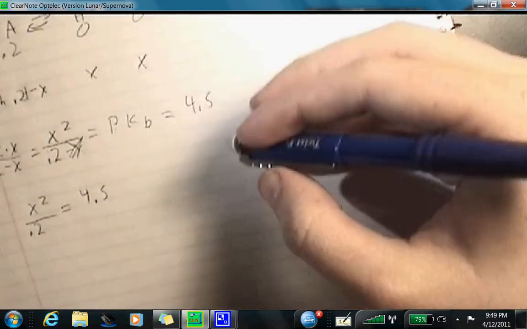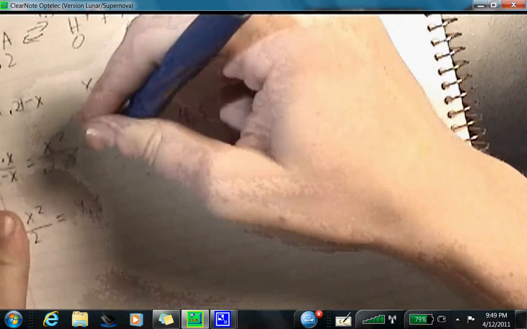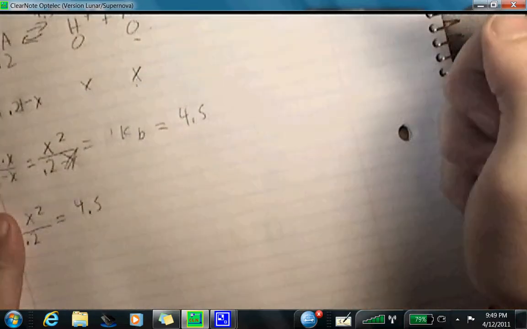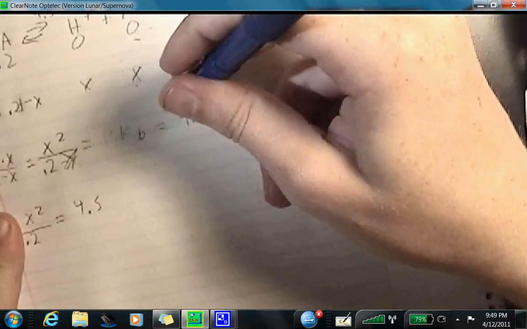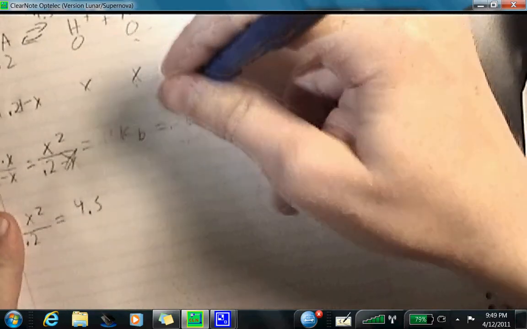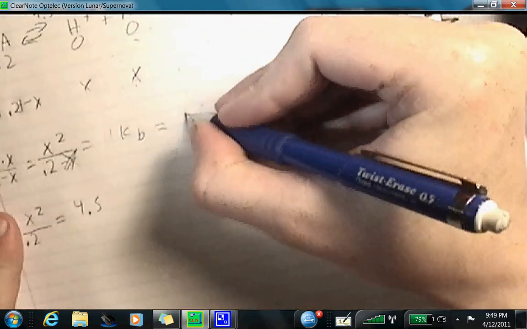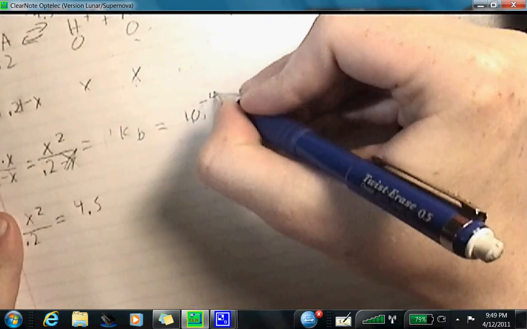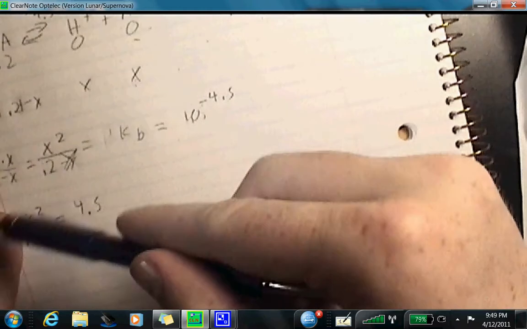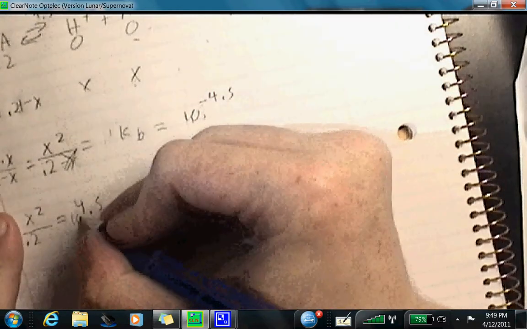But we need this actually in, sorry, this doesn't equal the p, it just equals the Kb. So this 4.5 turns into 10 to the negative 4.5, and this turns into 10 to the negative 4.5 as being rewritten.